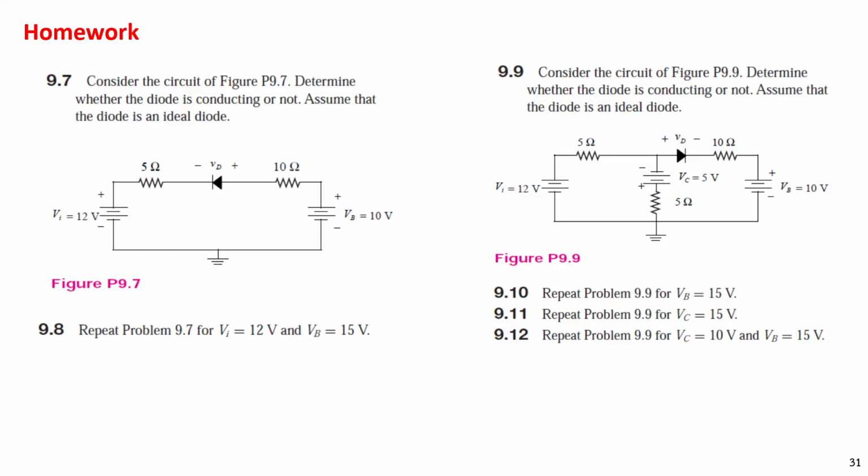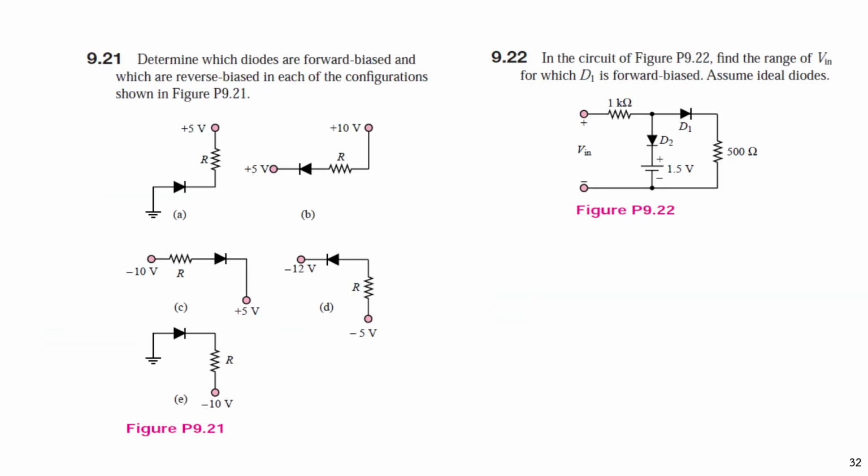I think you can do it, it's not so difficult. 9.21 is simple, but for 9.22, maybe it's a more complex problem: find the minimum V1 to get D1 forward bias. Okay.